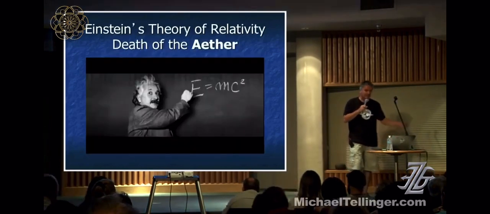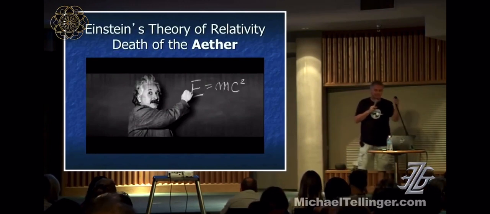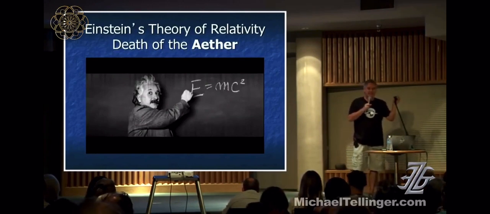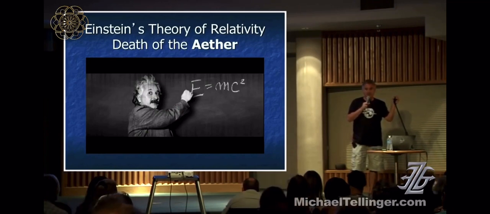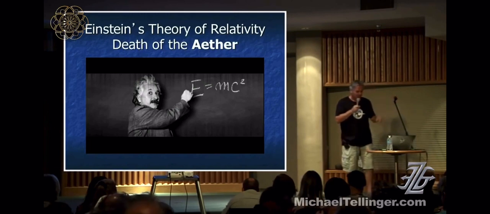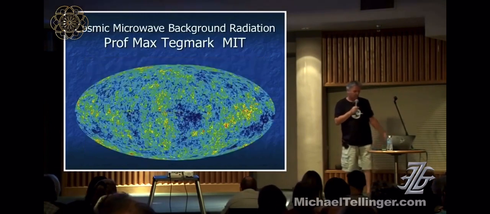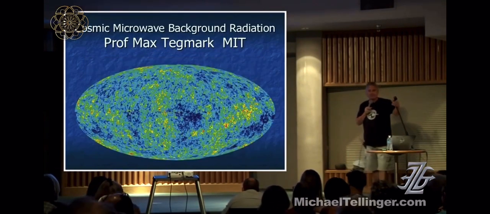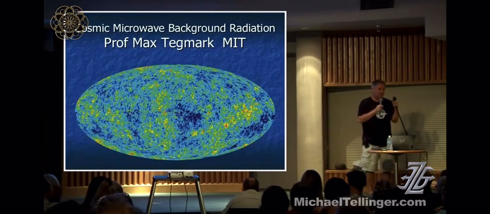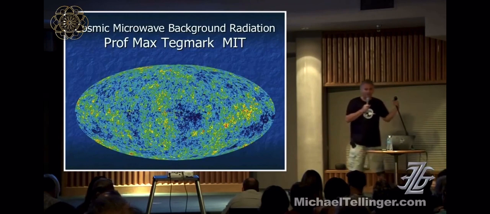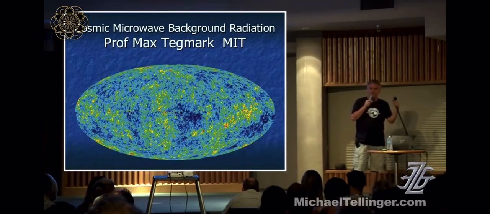And then by the time Einstein released his theory of relativity, that was the final death knell for the ether, or the theory of the ether, or as we call it, resonance and frequency. What's even more interesting and important is that the many experiments that have been done with the cosmic background radiation over the years have brought back some very, very interesting results.